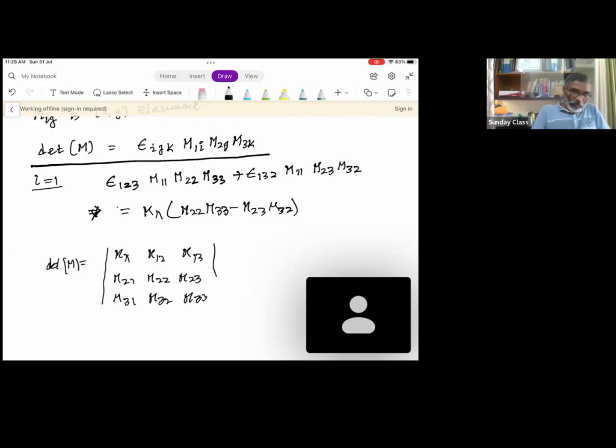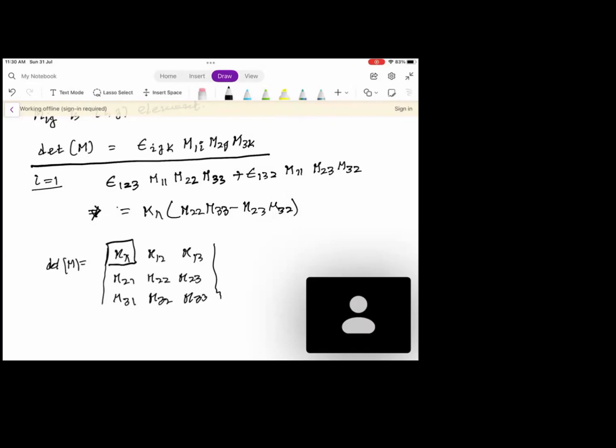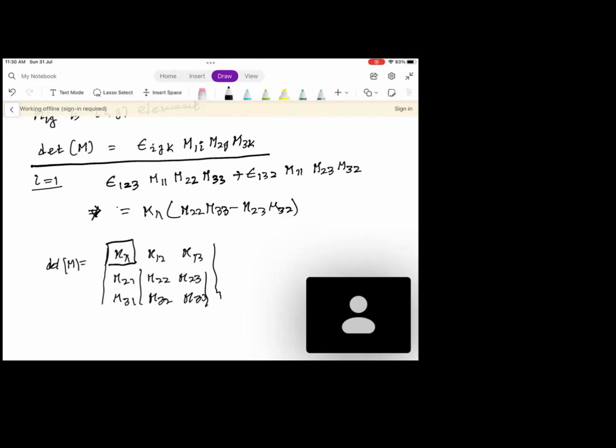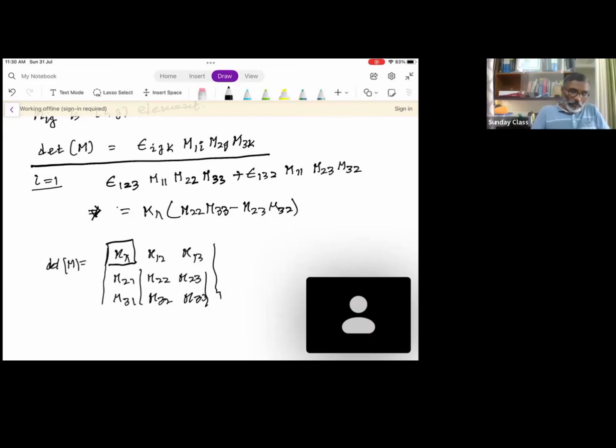So the first term is what? You take this M11, then take the determinant of this, right? M22, M33 minus M23, M32. Now I understood. So if you take the next term, that is if you take I is equal to 2, for example, then you will get this term into the determinant of that submatrix, then this term into the determinant of that submatrix. So like that, you will get all the terms.